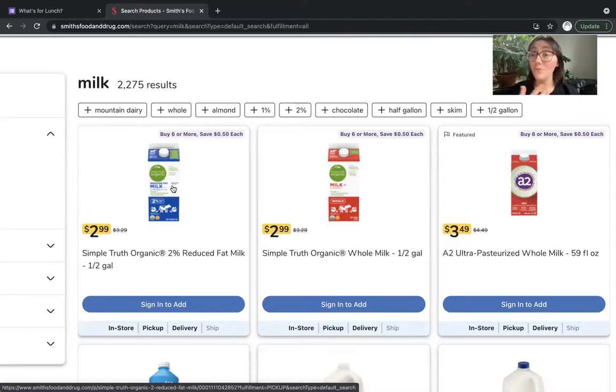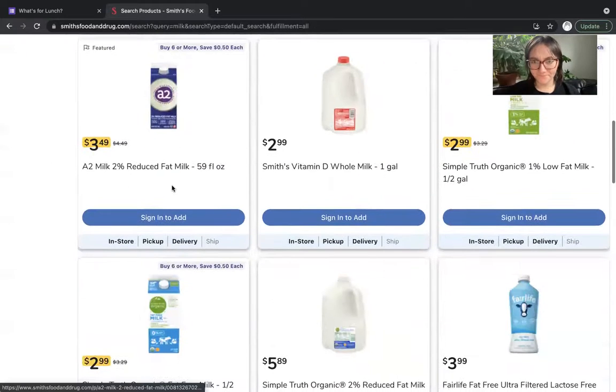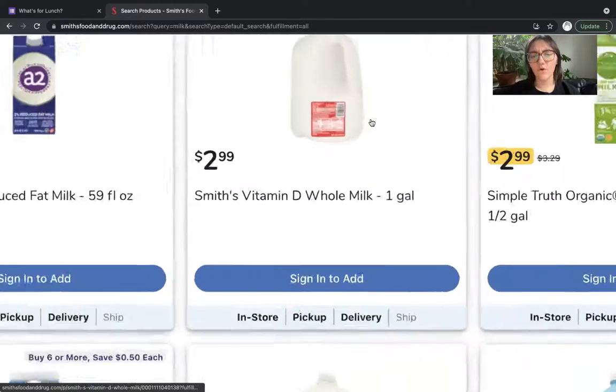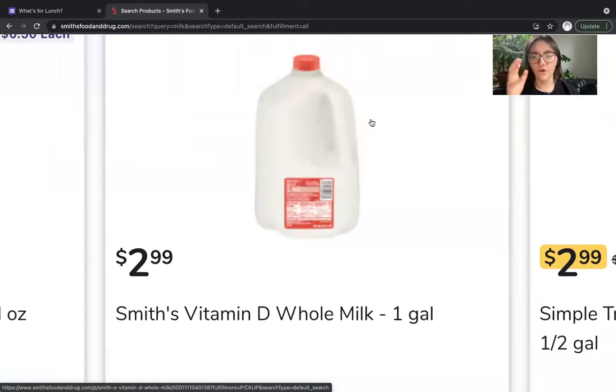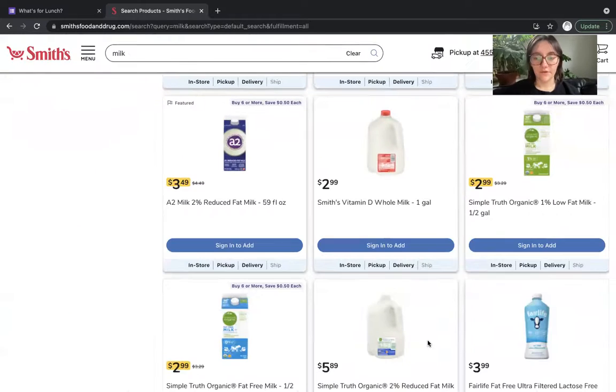You can have goat milk, but that's usually something you get at a farmer's market. You can have almond, chocolate milk, the size, half a gallon, a gallon. Do you get skim or do you get 2%? So let's look at this whole milk, vitamin D whole milk for 1 gallon. How much is it? It's $2.99 for 1 gallon, right?